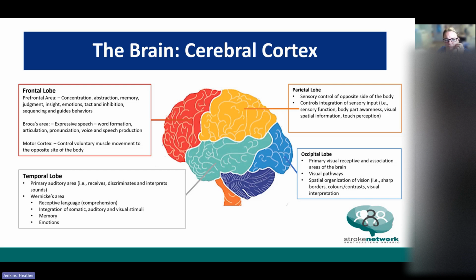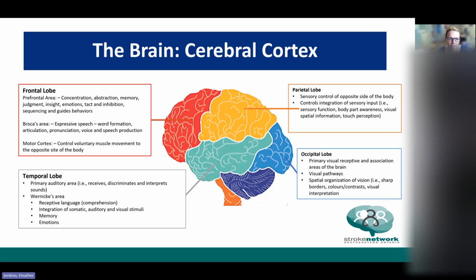You have your prefrontal cortex, which focuses on concentration, abstraction, memory, judgment, insight, emotion, tact, and inhibition. It helps you sequence your thoughts appropriately and evaluate consequences of actions, and it can help you solve some intellectual functions and guide your behaviors.